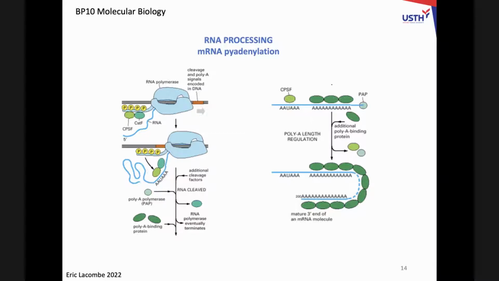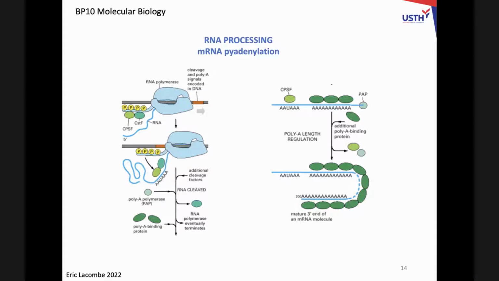Okay, so you see there are common features between these polymerases and some very specific features of each polymerase. One point on the poly-A tail: here they show you 200, but the size of the poly-A tail is very different from one messenger to another.